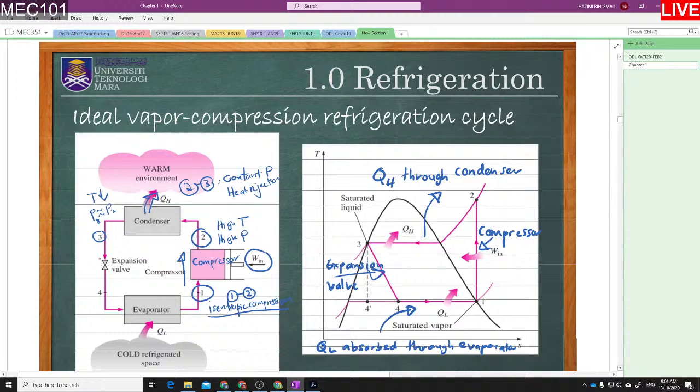In the Carnot cycle, here we have the turbine. But if we put a turbine in our refrigeration system, we will increase the cost. The fridge at your house may cost around RM 1,000 to 2,000.